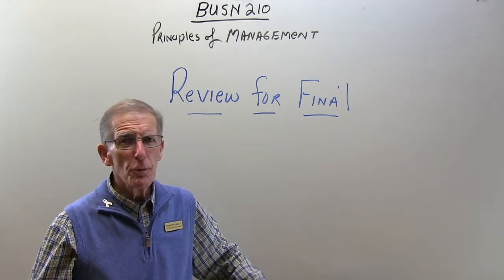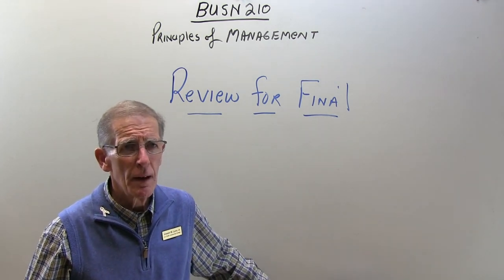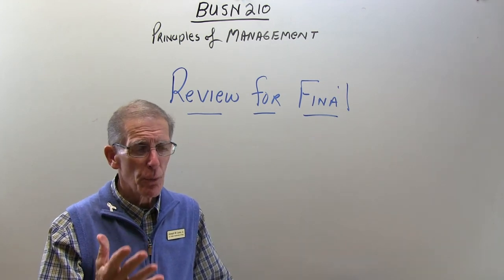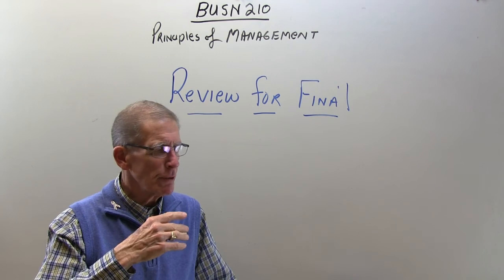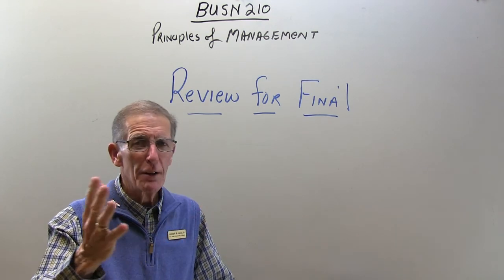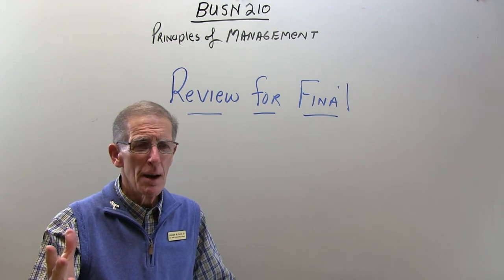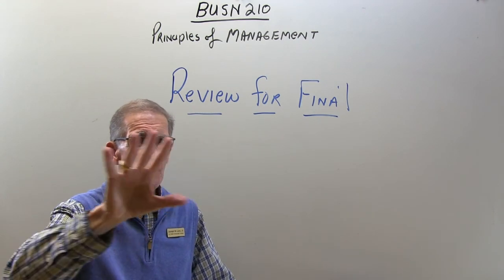You've got a research paper. I think that research paper is 60 points. 3 pages, 3 sources. You go and read something in the world of management, something we've talked about. It doesn't have to be, but something that involves management. And find 3 different things about it.